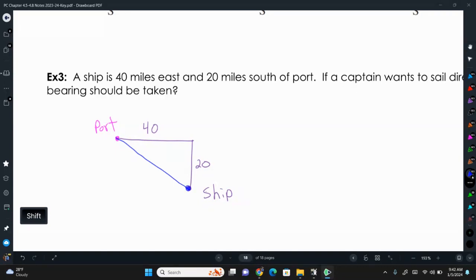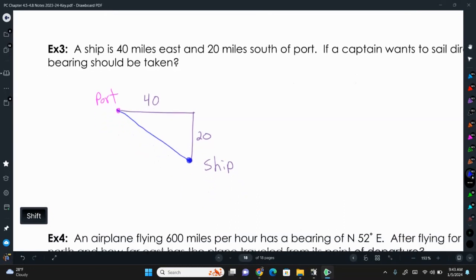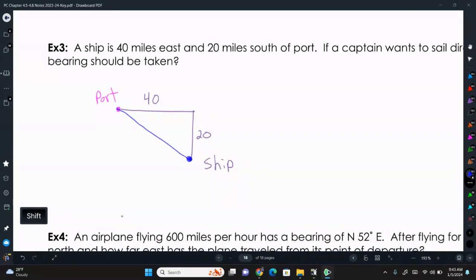Well, going from the ship to the port, I'm not going to go 20 miles south and 40 miles east. I have to go 20 miles north and 40 miles to the west. Because remember, here's your north, east, south, west. So even though the problem kind of gave it to us in reverse, because I'm asking you if the ship is sailing to the port.